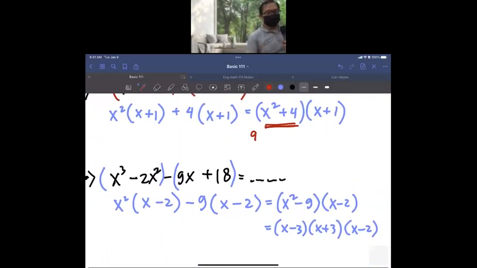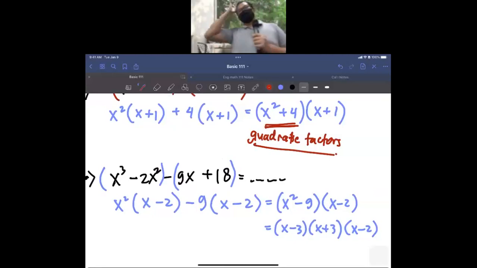It's called the quadratic factors. You will see another term, quadratic factors, if you take calculus 1, later when we have some technique in integrals.